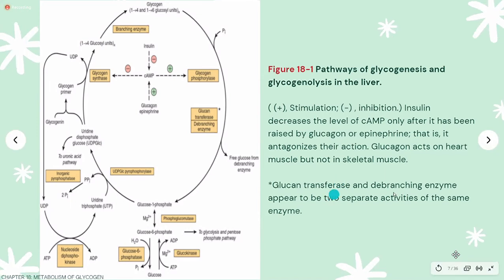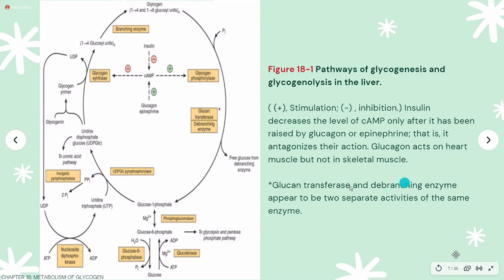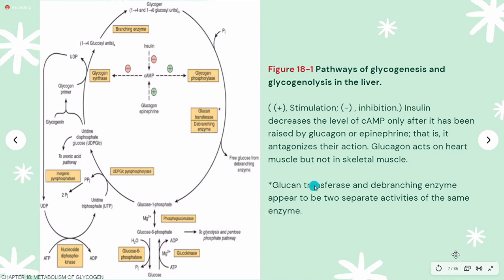Glucan transferase and debranching enzyme appear to be two separate activities of the same enzyme. Meaning to say, one enzyme with two activities: a transferase activity and a debranching activity.